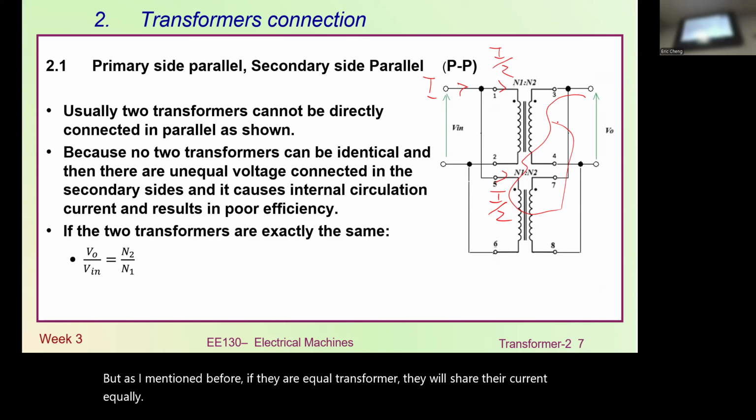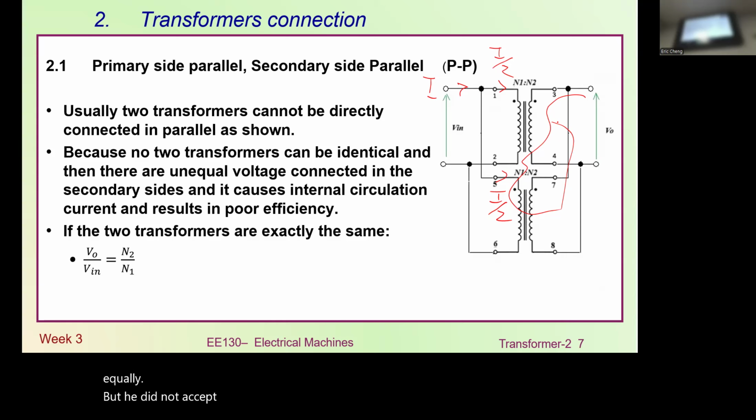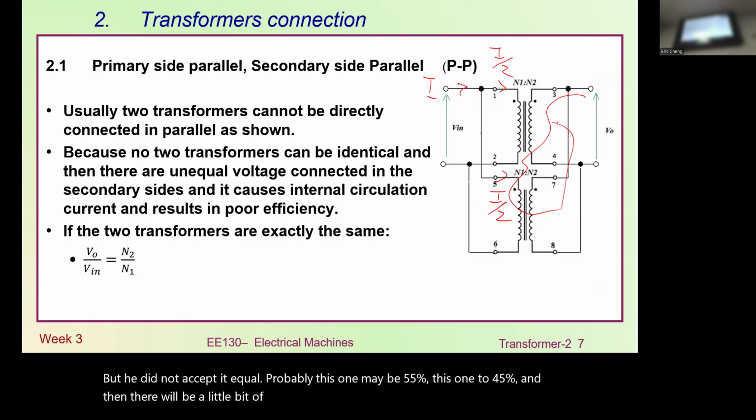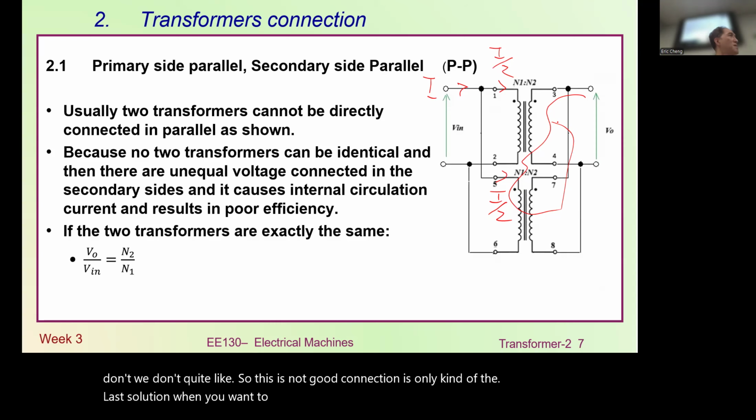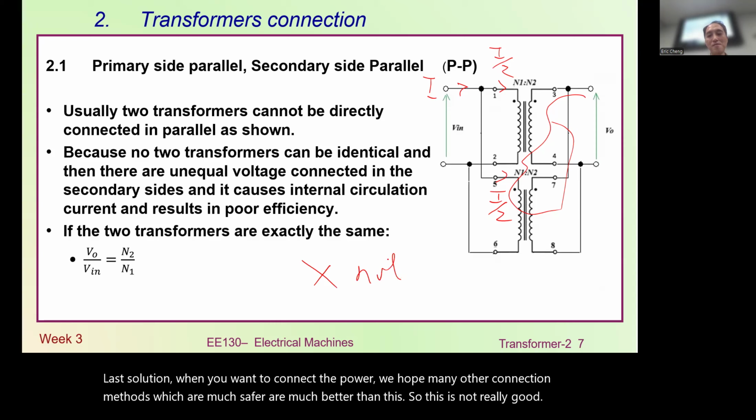But if they're not exactly equal, probably this one may be 55% and this one 45%, and then there will be a bit of current circling internally, which we don't quite like. So this is not a good connection. It's only kind of the last solution when you want to connect the power. We have many other connection methods which are much safer and much better than this.